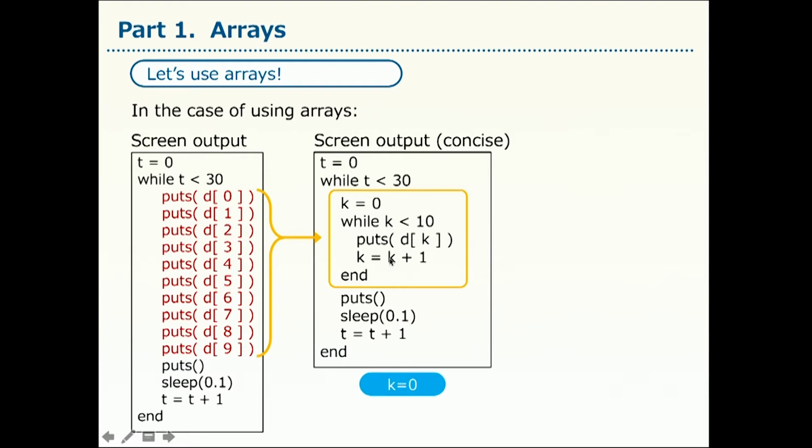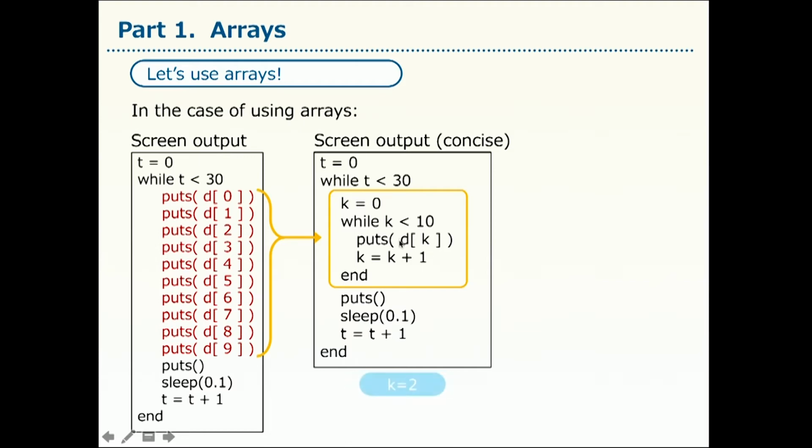Initially, because k is 0, which is less than 10, the computer executes this puts command, that is, output D0. Then the value of k is increased by 1, so k plus 1, that is 0 plus 1, that is 1, is stored in k. Then going back to the while condition, because the value of k, which is now 1, is less than 10, this puts command is executed, and D1 is displayed on the screen.